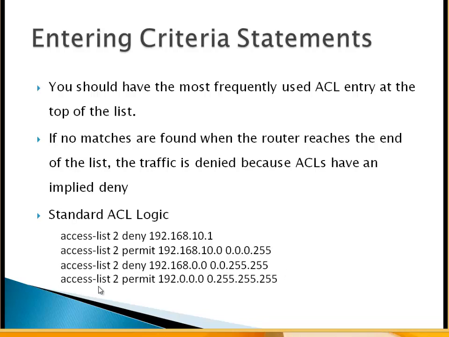And it's less specific now. Access-list to permit 192.0.0.0 with a wildcard mask of 0.255.255.255. So the more general match criteria go at the end of the access list. In here we have the deny any at the end. It's hidden.